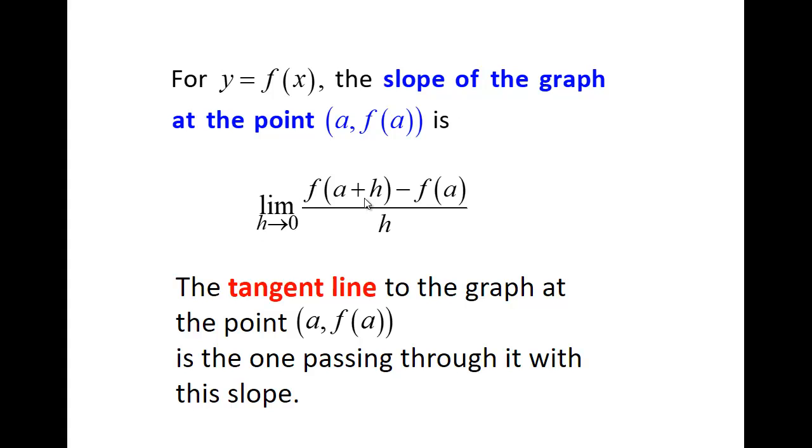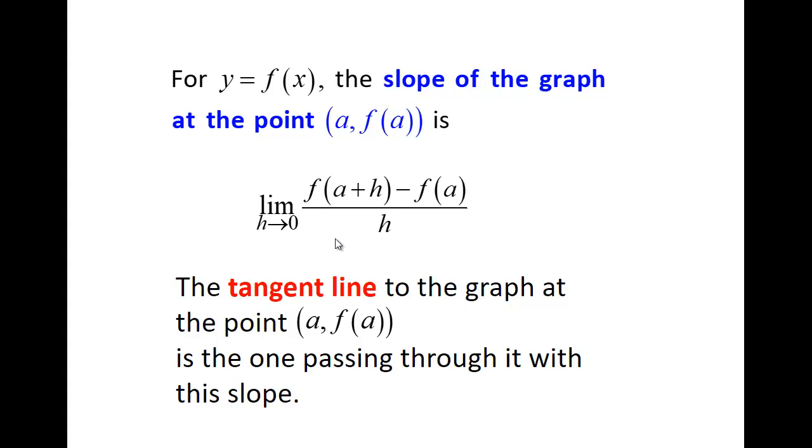Okay, so now you can see there's this limit that we have, the limit of the difference quotient. Remember, we looked at the difference quotient before we even looked at limits, and we did that exactly because this is an important quantity.